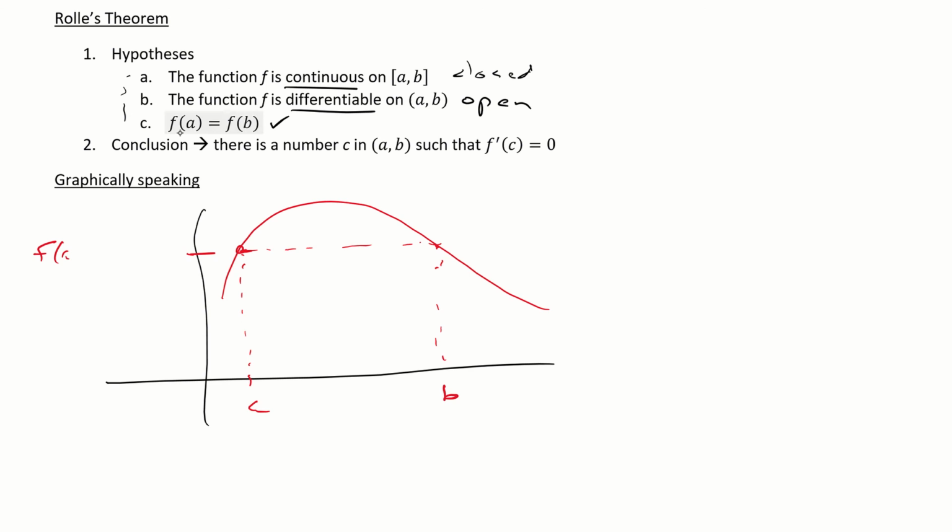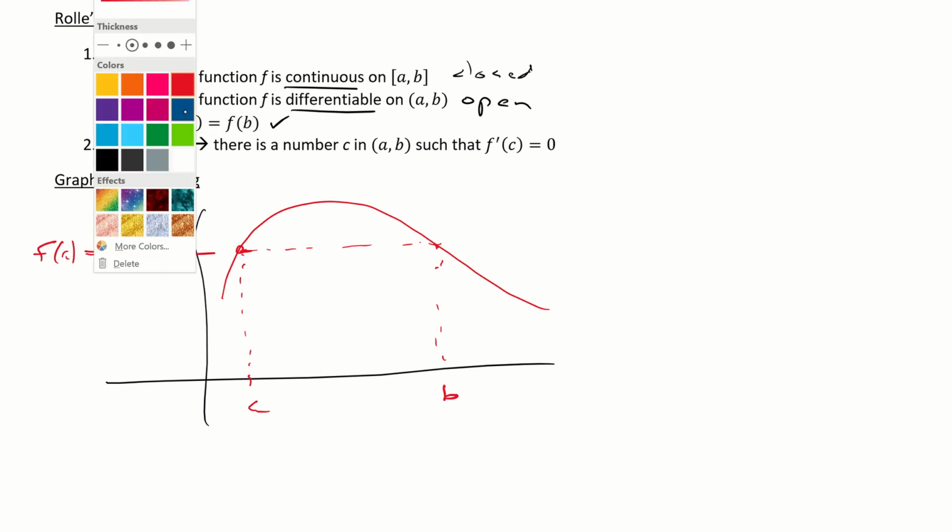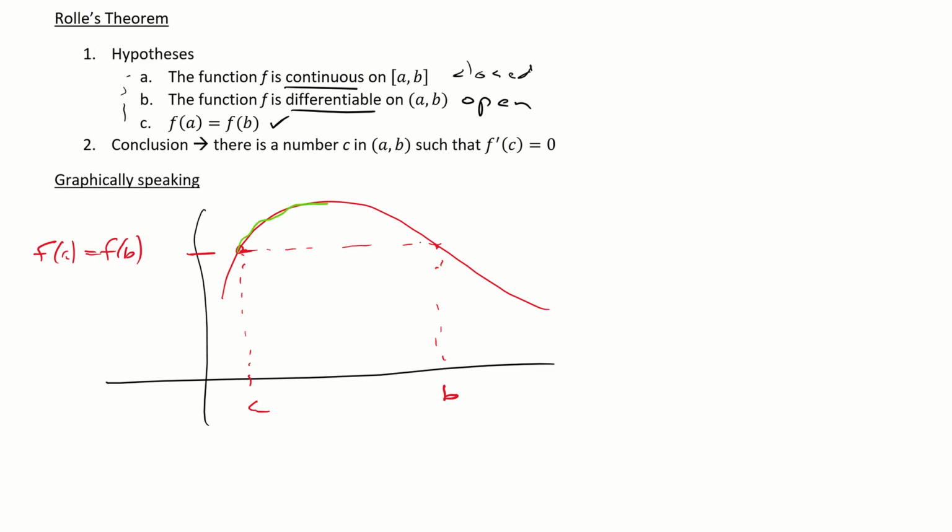So f of a is equal to f of b. Not only that, the curve is nice and continuous, okay? And it's differentiable. If all three things hold, then there's a number c such that its derivative is 0.